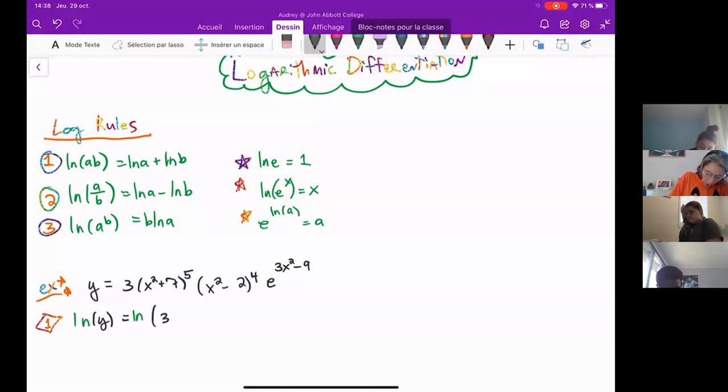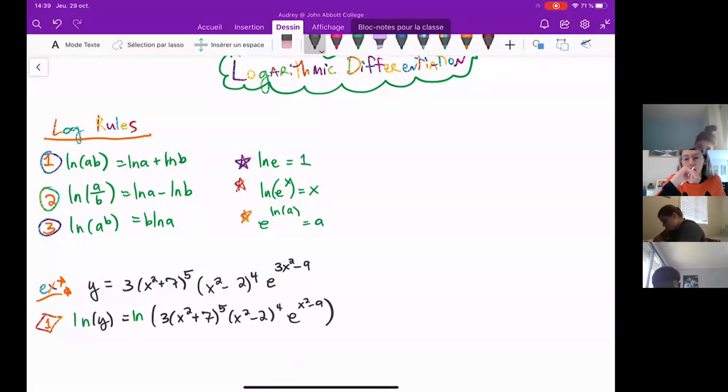And why is logarithmic differentiation a good plan in this question? Why would I think to use logarithmic differentiation here? Because of the chain rule partially, but also because it's a mixture, you got it. It's a mixture of chain rules and product rules.